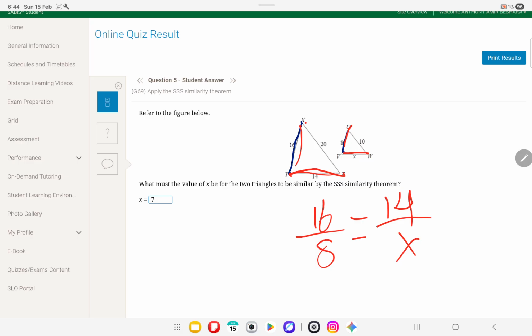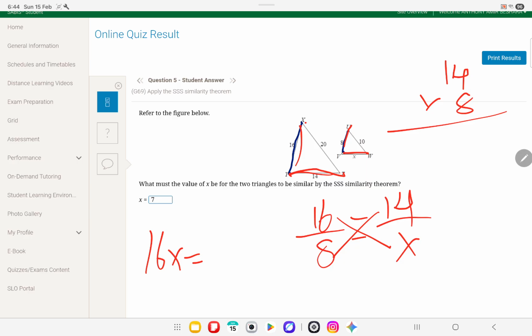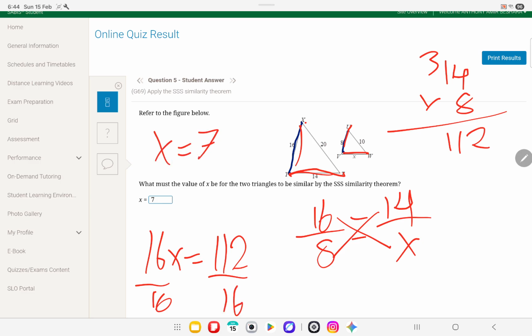Okay, so let's do it. Cross multiplication, it will be 16x is equal to 14 times 8, which is 8 times 4 is 32, 8 times 1, so 112. So we divide by 16, it will be x is equal to 7. That's it.